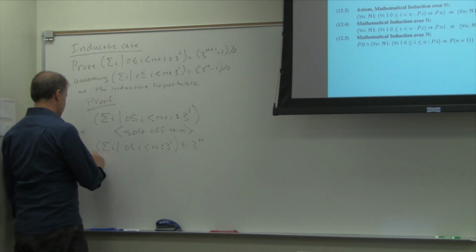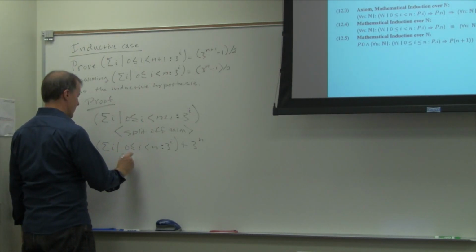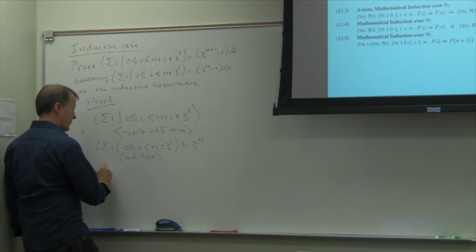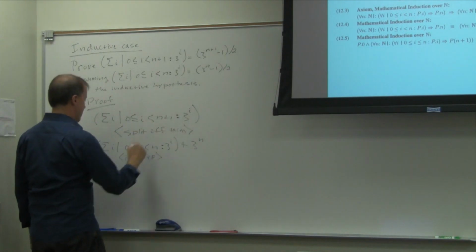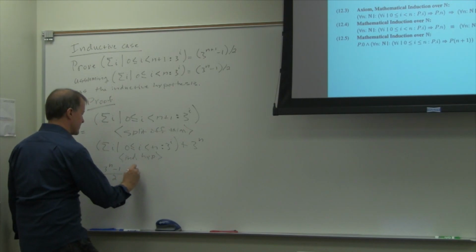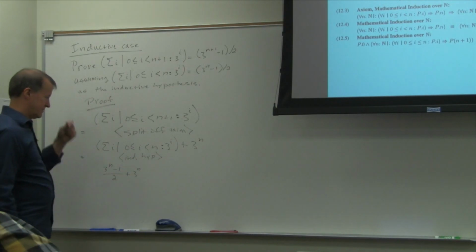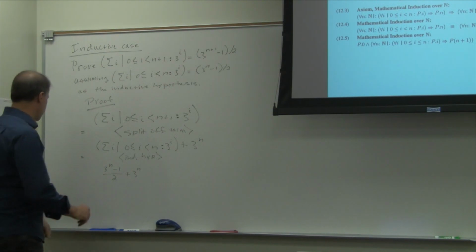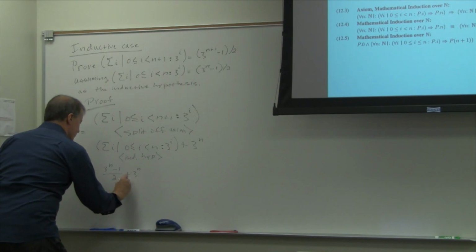And this equals, by inductive hypothesis, 3 to the n minus 1 over 2 plus 3 to the n. Now, how do we do this? We need a common denominator, right?